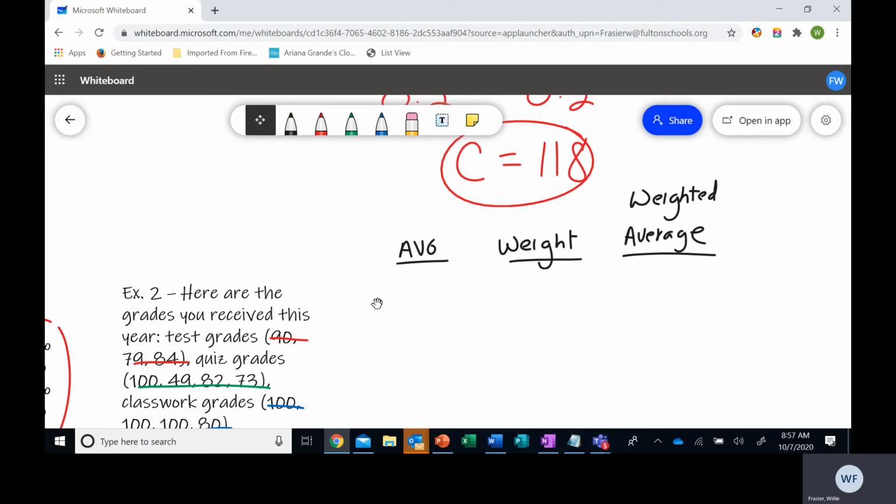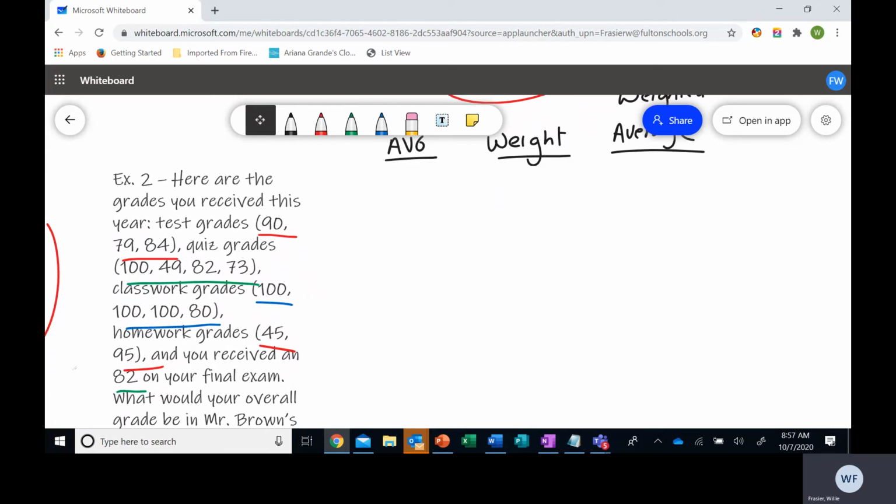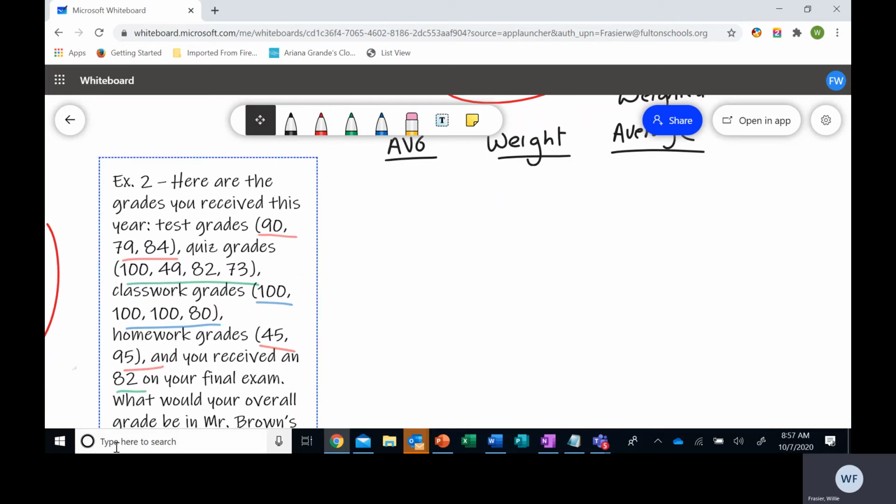Okay. All right. So now, like I said, with this problem, you actually have to find the averages of the test, quiz, classwork, and homework. Go ahead and do that.